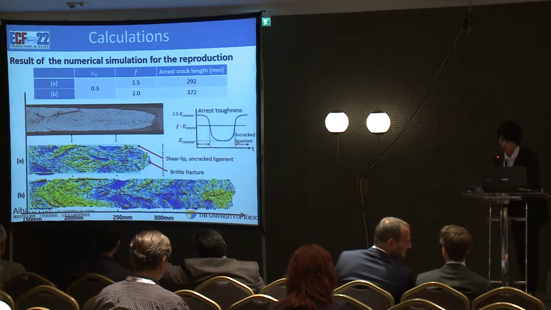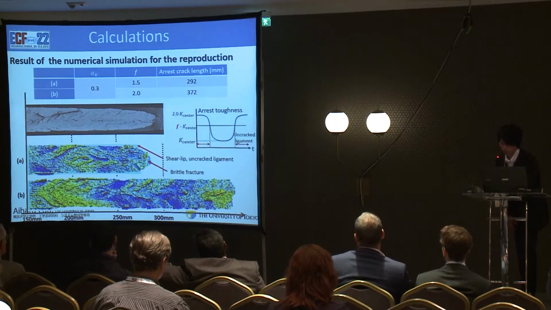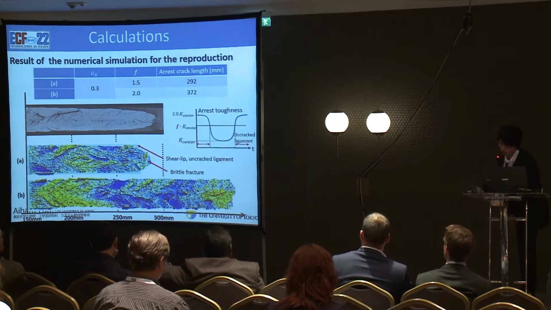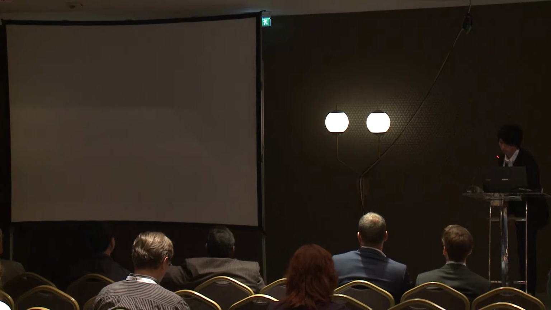Using the result of 3D measurement, I decided the parameters alpha K and F. F is the parameter deciding the area of uncracked ligament as this graph shows. The size of calculation cells is 1 mm multiplied by 1 mm by 1 mm.